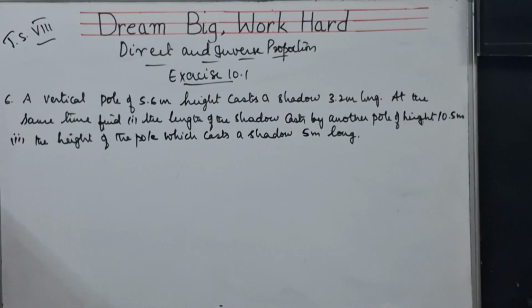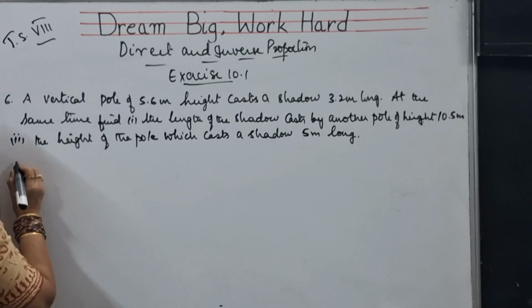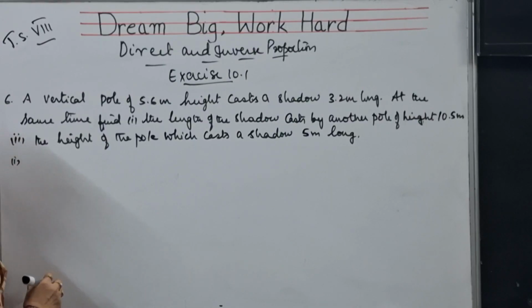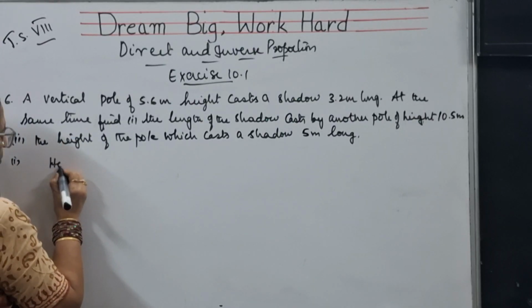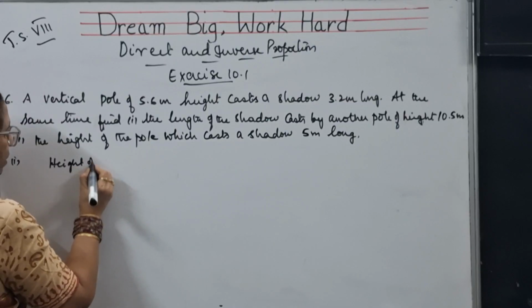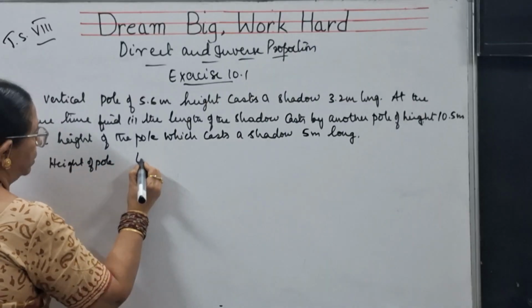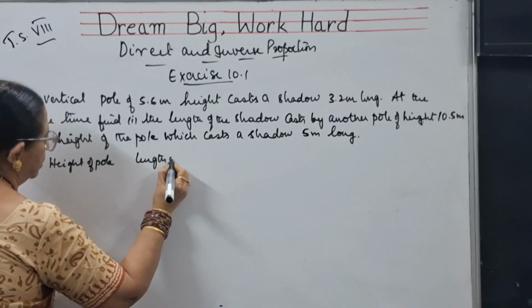Now, sixth problem, children. A vertical pole of 5.6 meters height casts a shadow of 3.2 meters long. At the same time, find the length of the shadow cast by another pole of height 10.5 meters. And second bit, the height of the pole which casts a shadow of 5 meters long. So let us see bit by bit. First bit, height of the pole and length of the shadow.